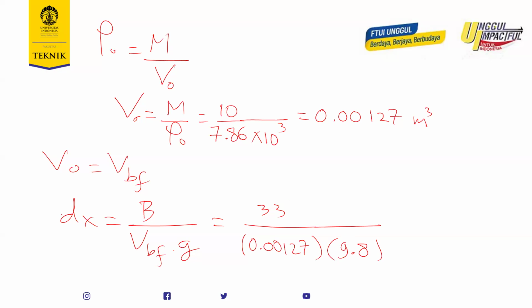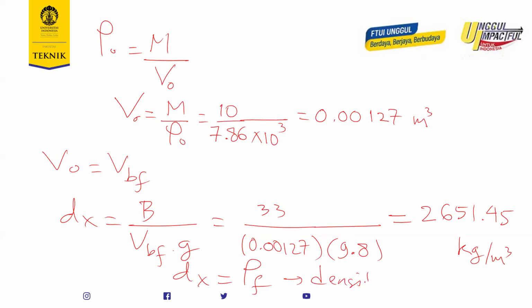So the density of the fluid is around 2,651.8 kilograms per meter cubed. This is dx, which equals rho of the fluid, the density of the fluid or liquid.